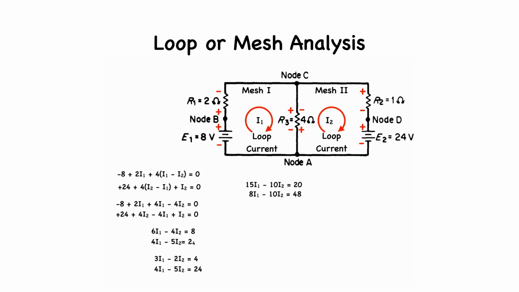We can now reduce the two equations to one with one unknown by subtracting the second from the first. This removes I2 and leaves us with the equation 7I1 equal to minus 28, and allows us to solve for I1. I1 is equal to minus 4.